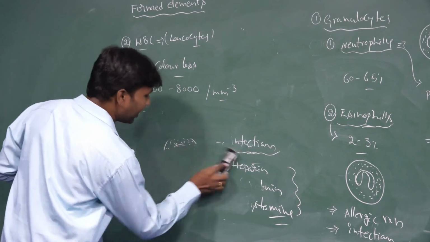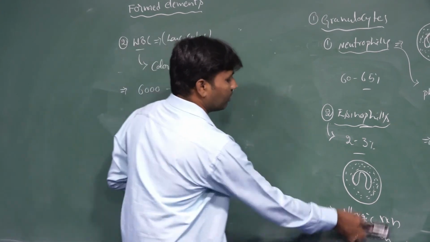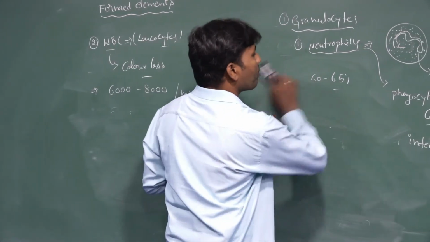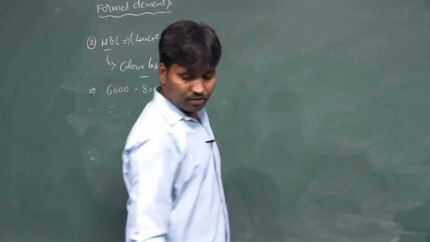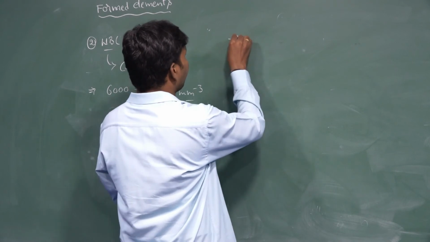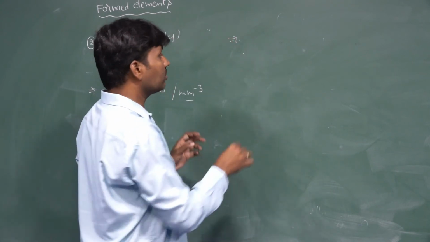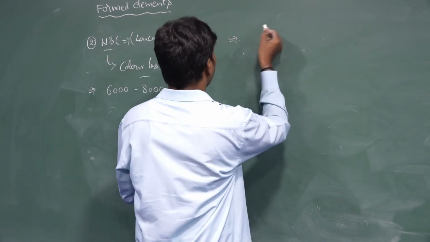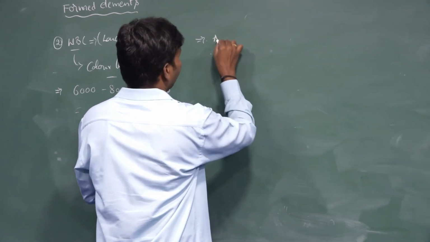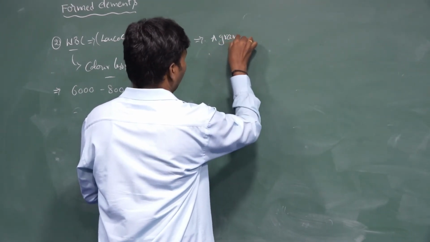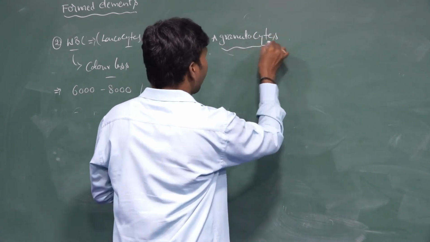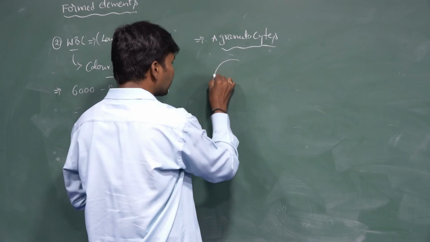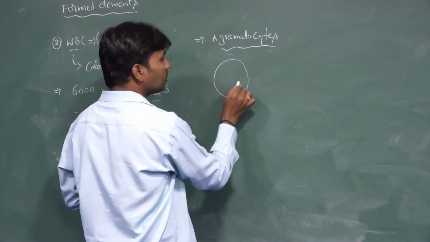The second form is the agranulocytes. The name itself explains that granules are absent in the cytoplasm, so there are no specific granules.